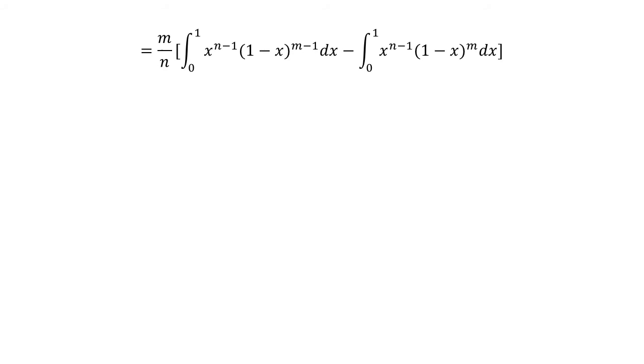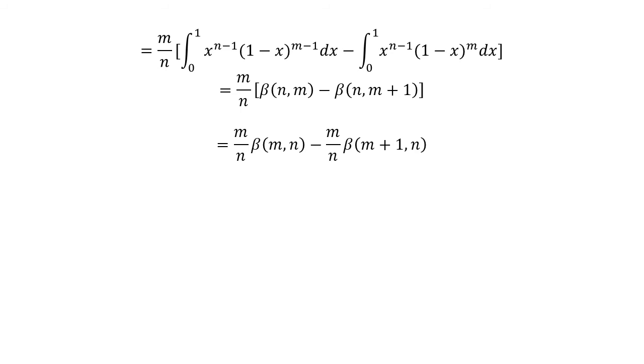Here, m upon n times the integral from 0 to 1 of x to the power n minus 1 (1 minus x) to the power m minus 1 dx minus the integral from 0 to 1 of x to the power n minus 1 (1 minus x) to the power m dx. Thus we have two different beta functions now. It is m by n beta(n, m) minus beta(n, m plus 1). So what we get is m by n beta(m, n) minus m by n beta(m plus 1, n).